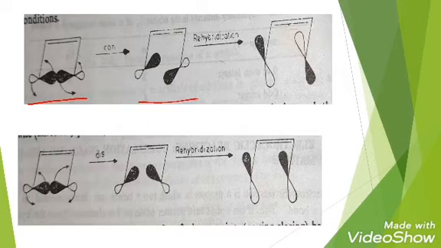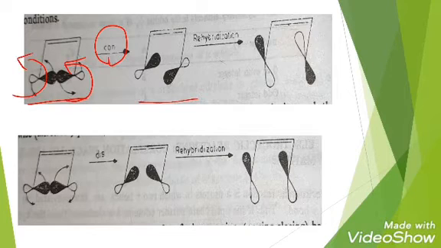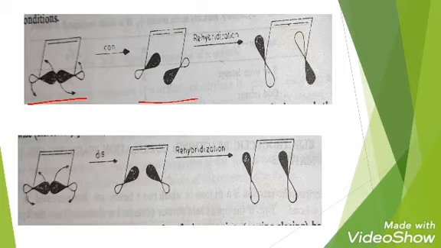So in this, these two orbitals are both rotated in anti-clockwise direction.